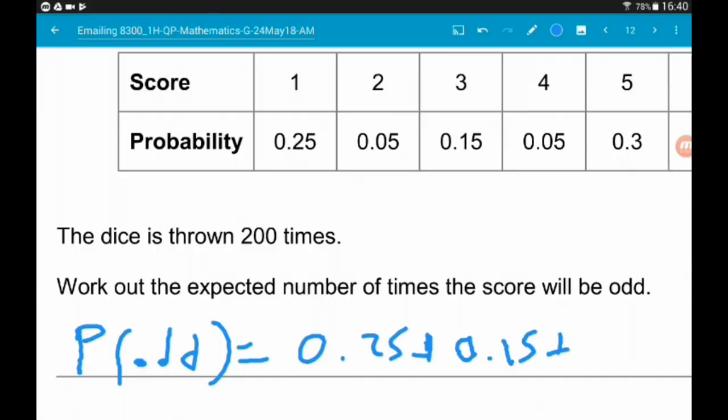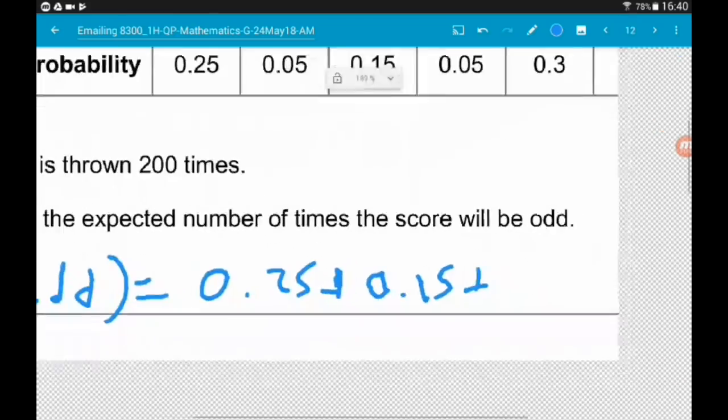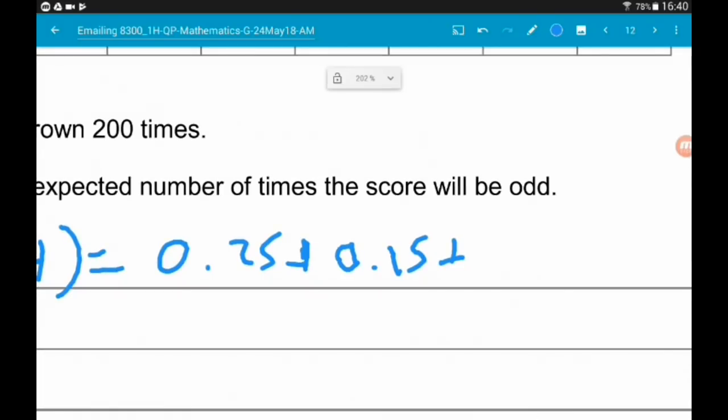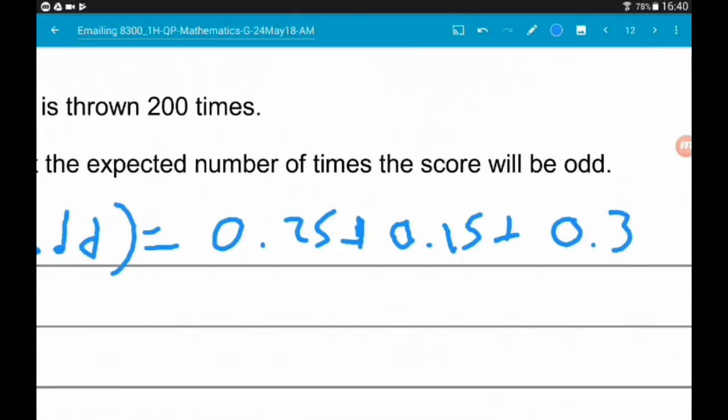And then the probability of 5, 0.3. Okay, so 0.25 and 0.15 is 0.4, and then add 0.3, we get 0.7.